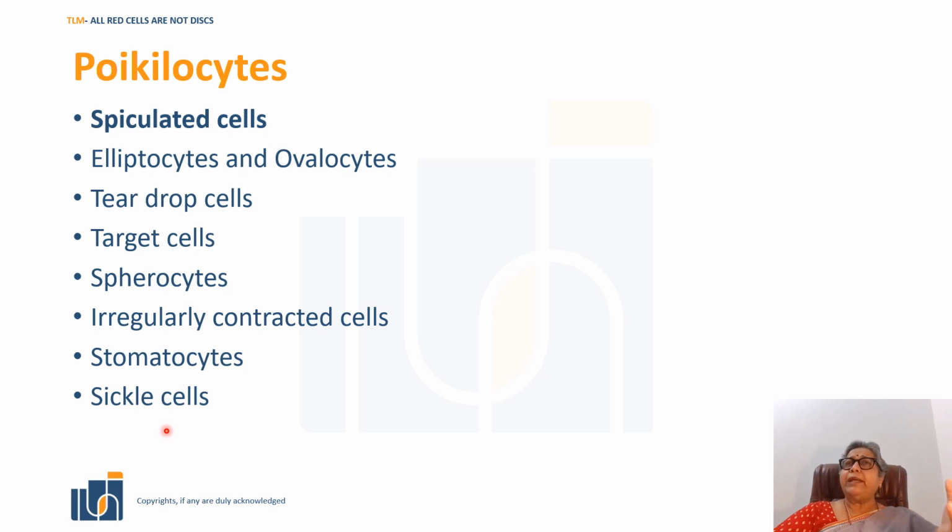This may not be the entire classification, but they constitute the most significant kinds of poikilocytes that one may see. So over the next 15 to 20 minutes, I shall touch upon spiculated cells. We shall cover the rest of them over the course of the next 4 modules.